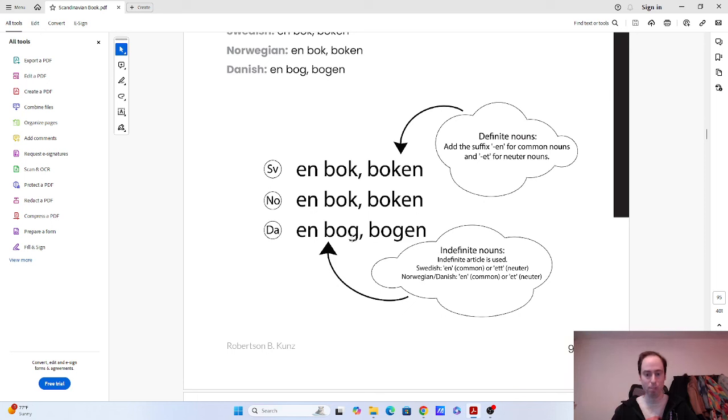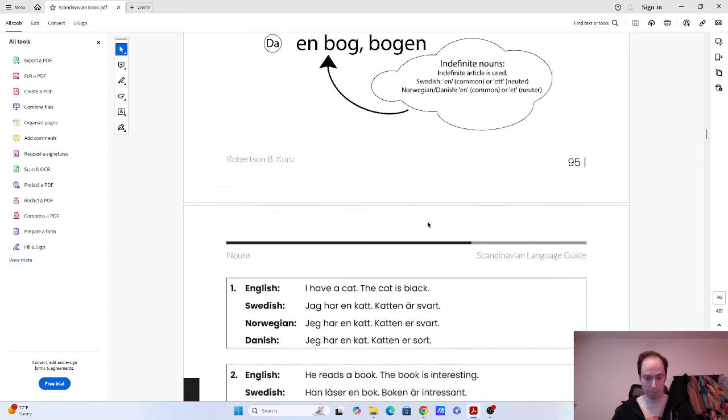So it's unaspirated. We're going to come back to this because in some of the other letters, Swedish and Norwegian use the aspirated form, meaning there's a puff of air, whereas Danish uses the unaspirated form. In this case, we have the K's and the G for Danish.